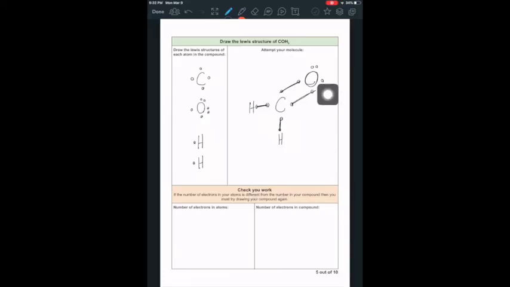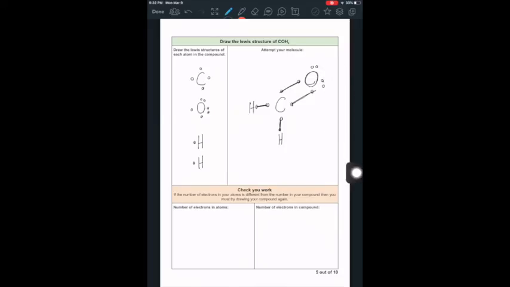Now, oxygen has 8 valence electrons. 1, 2, 3, 4, 5, 6, 7, 8. And carbon also has 8 valence electrons. 1, 2, 3, 4, 5, 6, 7, 8. And each hydrogen has 2 valence. 1, 2, 1, 2. So all of the atoms in this compound are happy now.